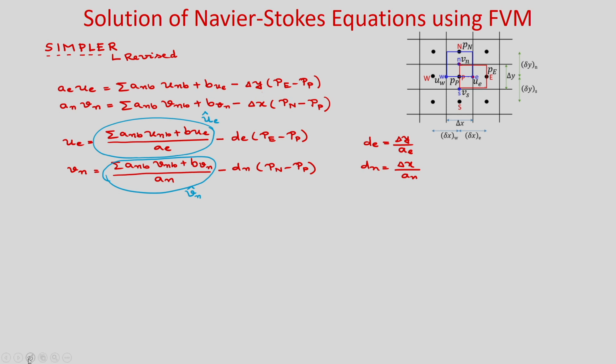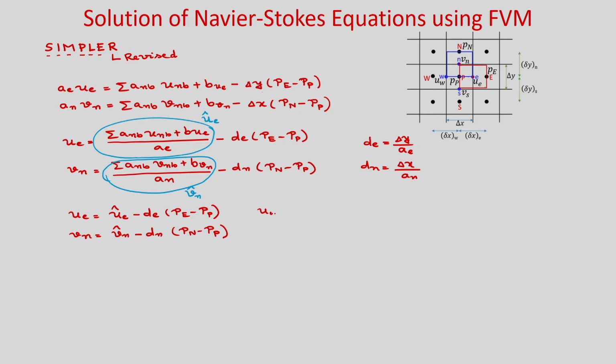If you represent it like this, then we can write u_e equals u_e hat minus d_e (P_E minus P_P), and v_n equals v_n hat minus d_n (P_N minus P_P). Similarly, you can write for u_w and v_s.